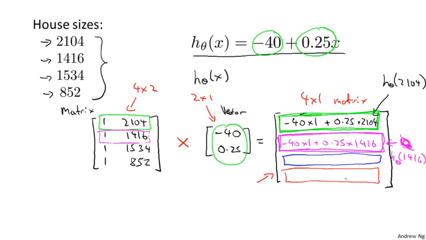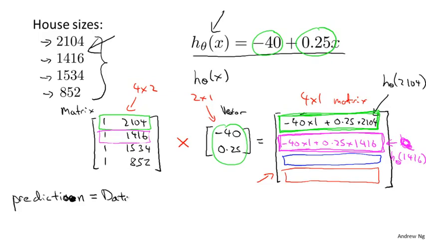And the neat thing about this is that when you're actually implementing this in software, when you have 4 houses and you want to use your hypothesis to predict the prices of all of these 4 houses, you can write this in one line of code. When we talk about Octave and programming languages later, you can actually write this in one line of code.